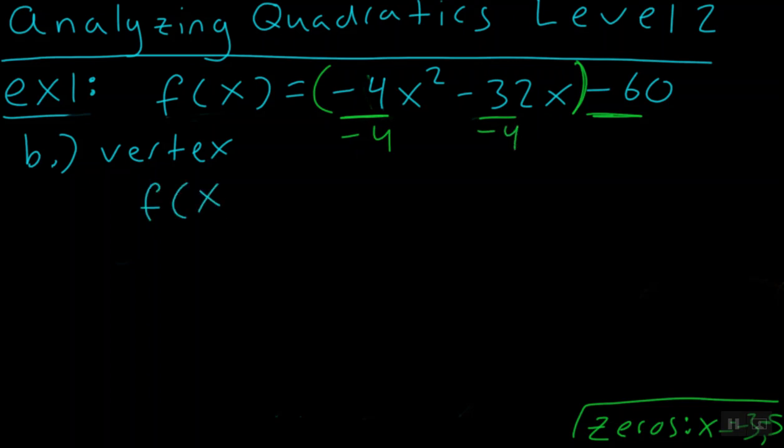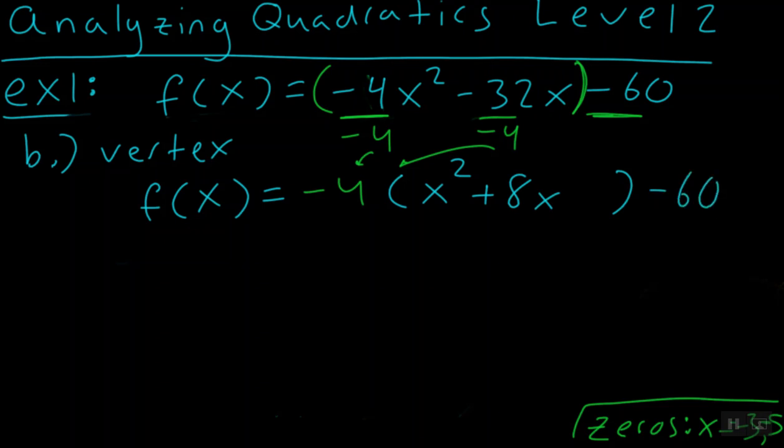I can write f of x equals -4, and then we have our parentheses, where -4 divided by -4 leaves us 1x squared, and -32 divided by -4 leaves us positive 8x. We leave our space for our perfect constant and push aside our -60.